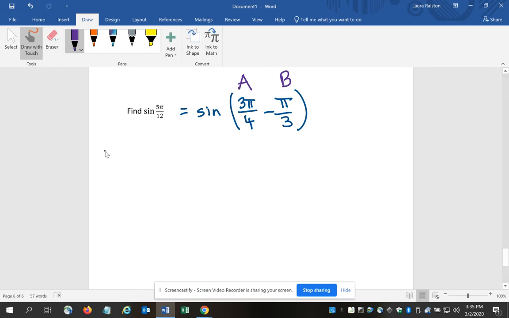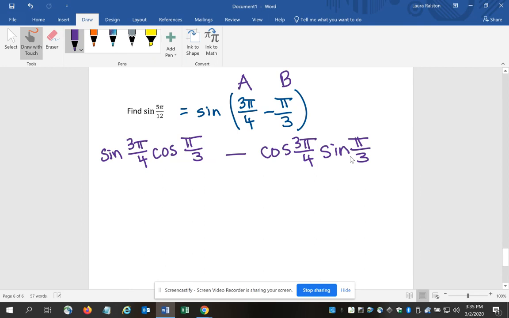So I would have the sine of 3 pi 4ths times the cosine of pi 3rds minus the cosine of 3 pi 4ths times the sine of pi 3rds. Okay, that's the formula. It's the sine of A times the cosine of B minus cosine A sine B. And I've just filled in the numbers.